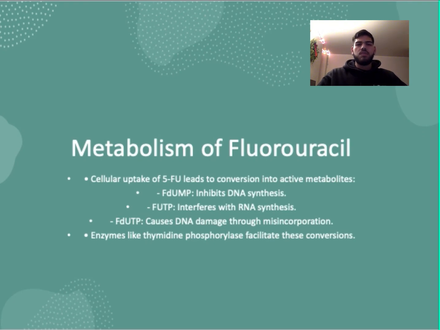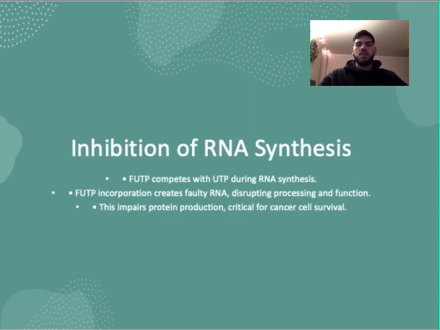Now, let's focus on how 5-FU affects RNA synthesis. One of its metabolites, FUTP, competes with uridine triphosphate, or UTP, during RNA synthesis. Normally, UTP is incorporated into RNA to help build functional strands.